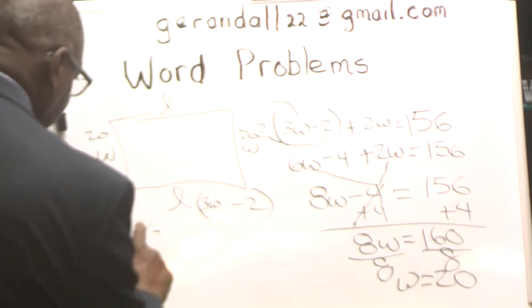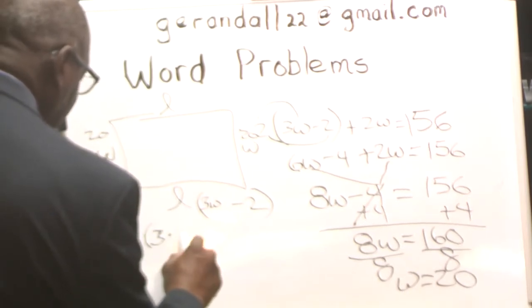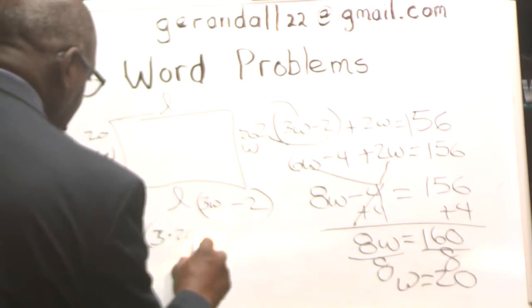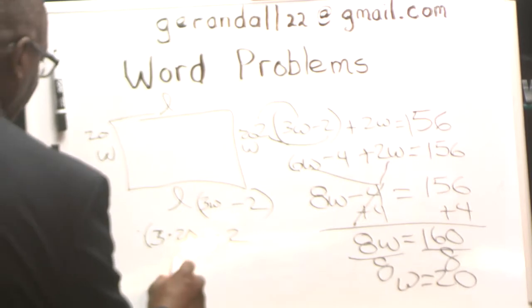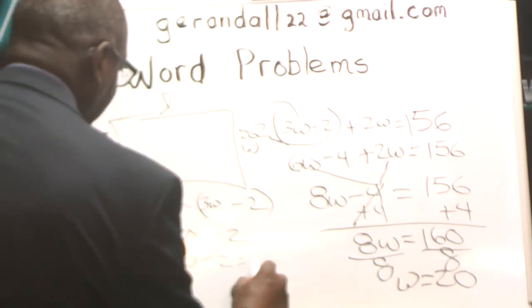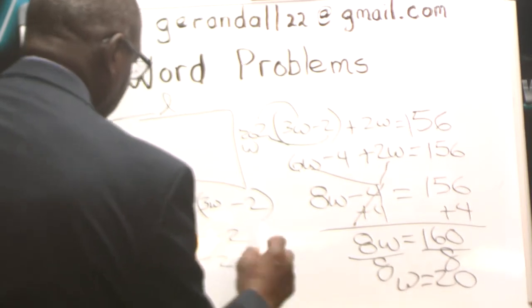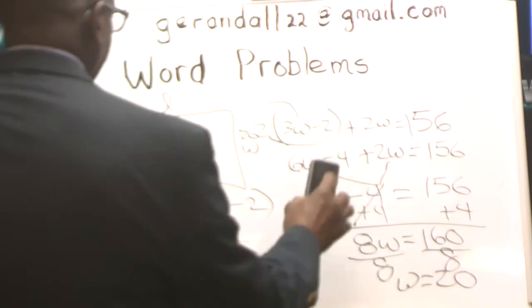The length is 3 times 20, subtract 2. So 60 minus 2 is 58. All right? So now we have the length.